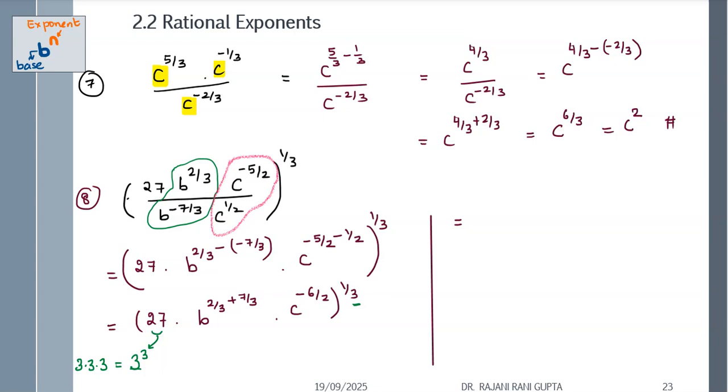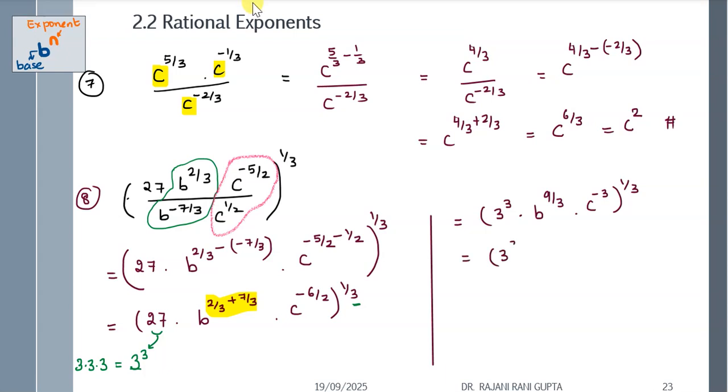In place of 27, we write 3 power 3. When we add this term, 2 by 3 plus 7 by 3, it gives you 9 over 3. Okay, b to the power 9 over 3 and c to the power minus 3, whole to the power 1 over 3.